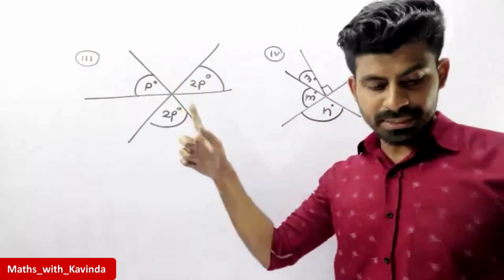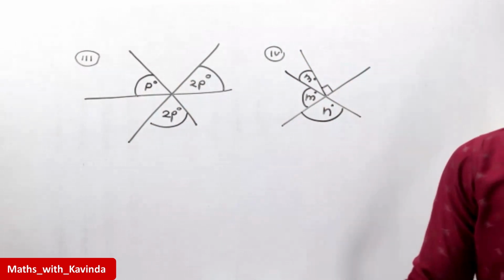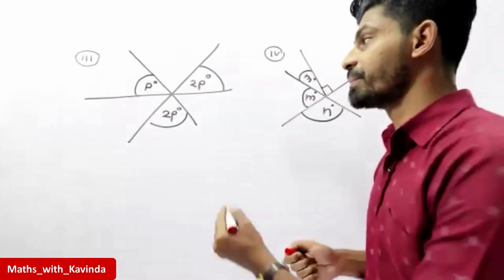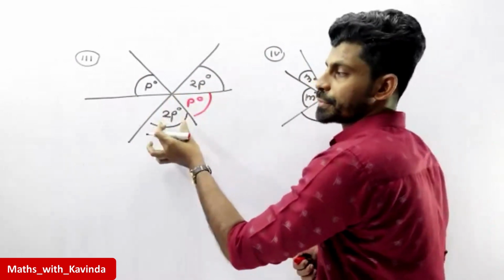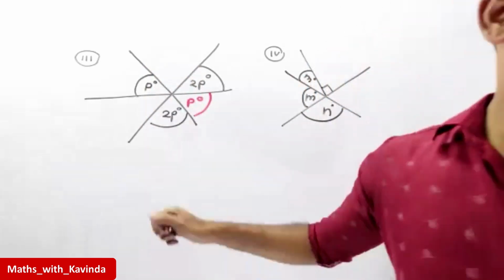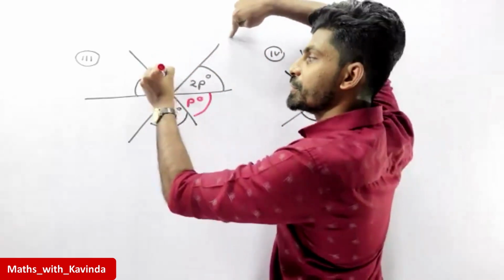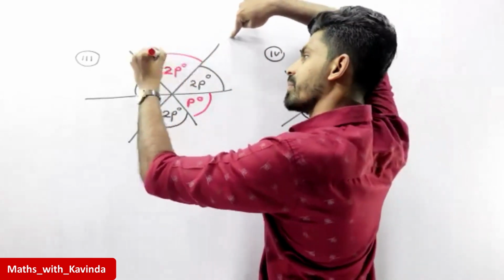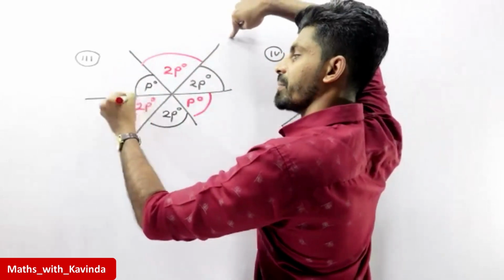P means this one also P. 2P means, since vertically opposite angles are equal, this one also 2P.